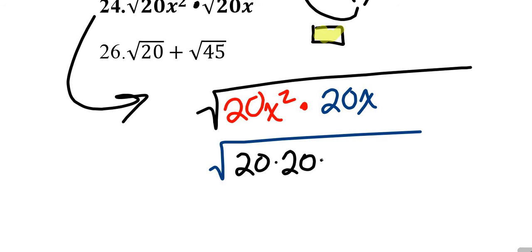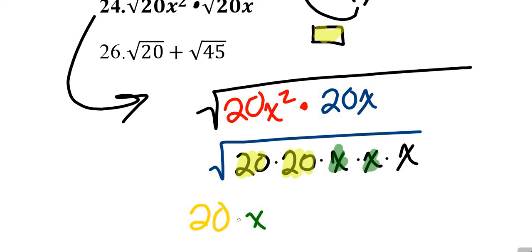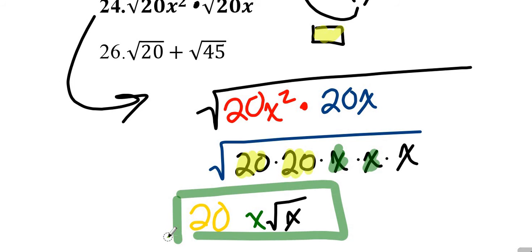I have a 20 and a 20, an x, and another x. Now, your dates come out. I have a pair of 20s, and I have a pair of x's. So my final expression here is going to be 20x root x. Ta-da! You're done there.